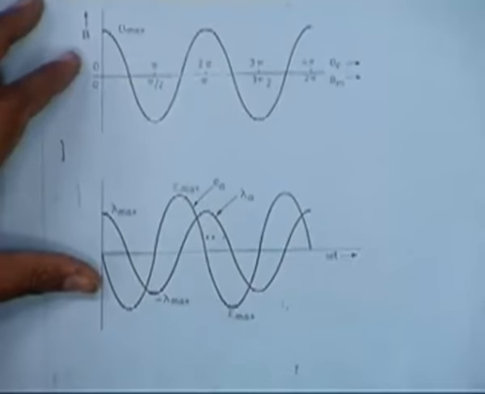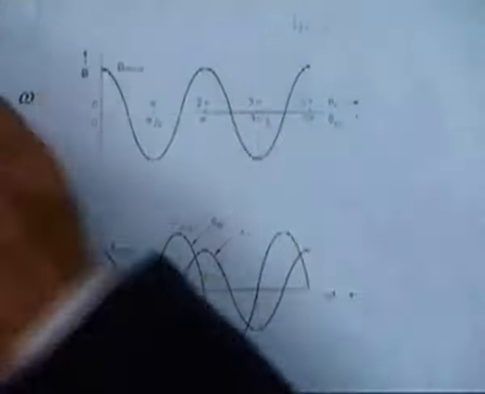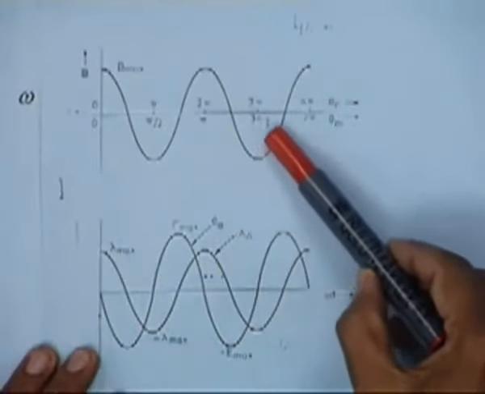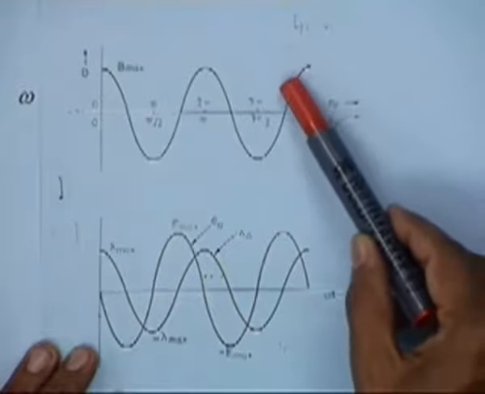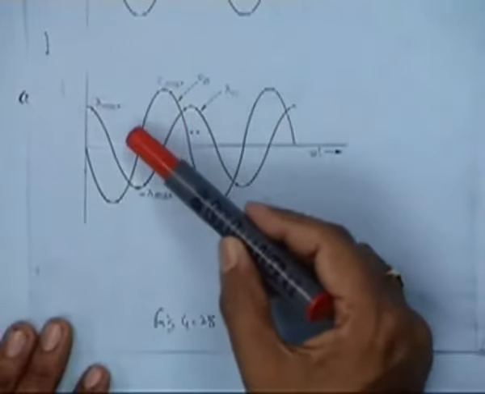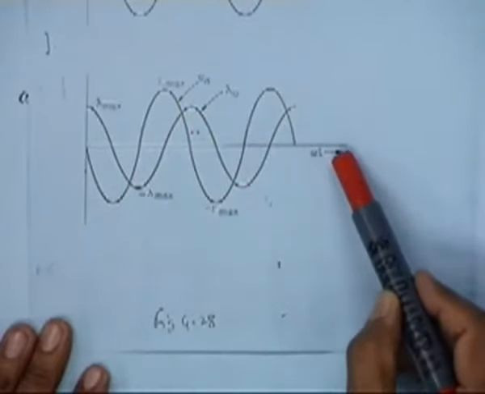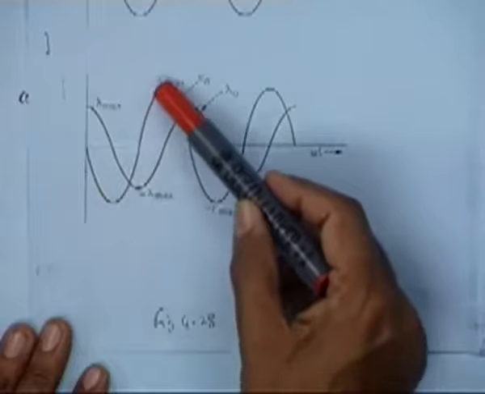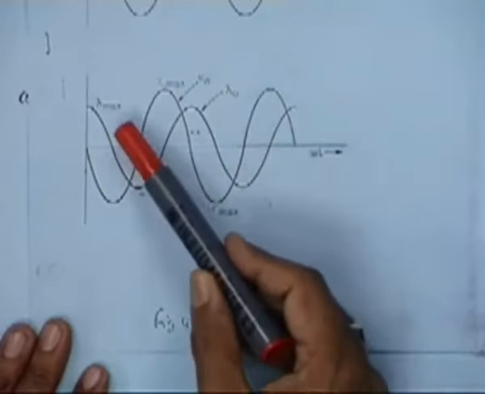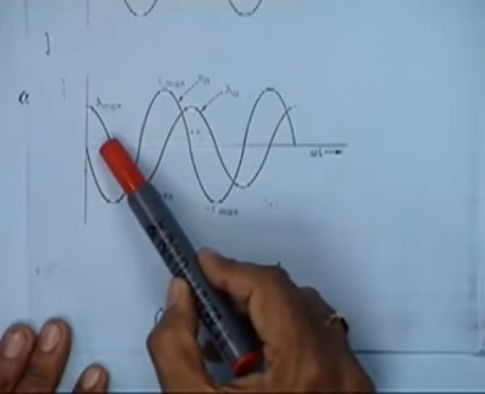So whatever we have discussed so far, we look at the following pattern: the flux density variation is like this, and lambda will be varying like this, lambda max with omega t, and E variation will be like this with E max. And obviously the waveforms of lambda and E are phase shifted by 90 degrees.